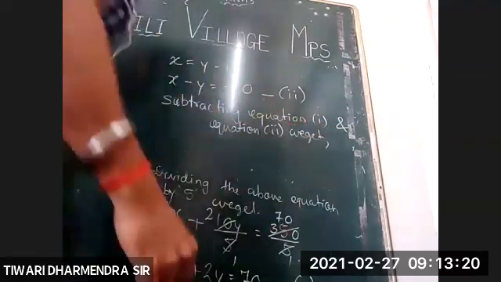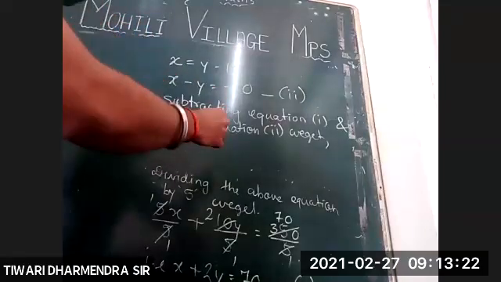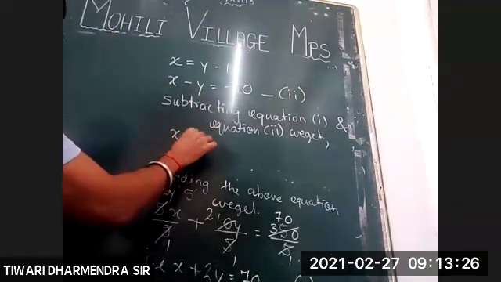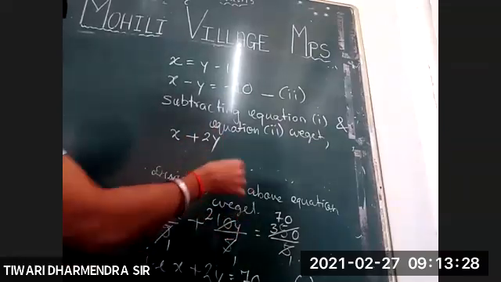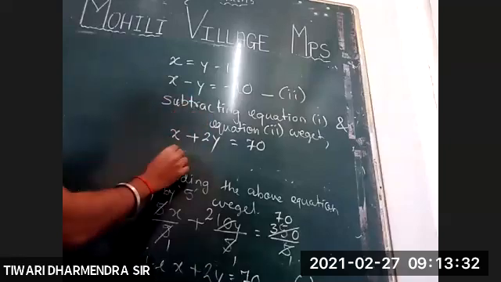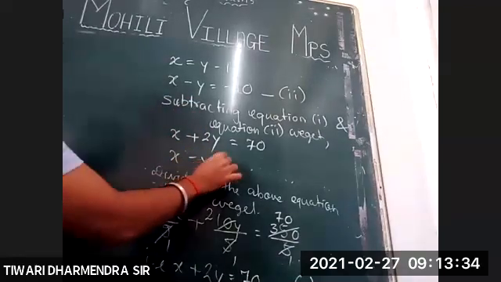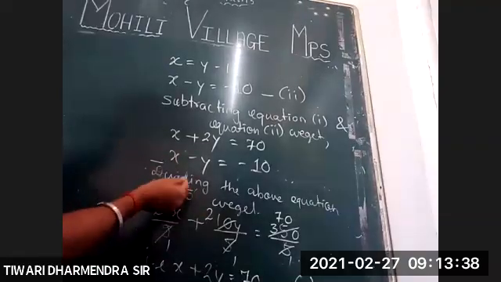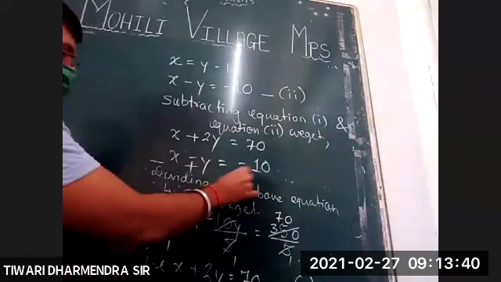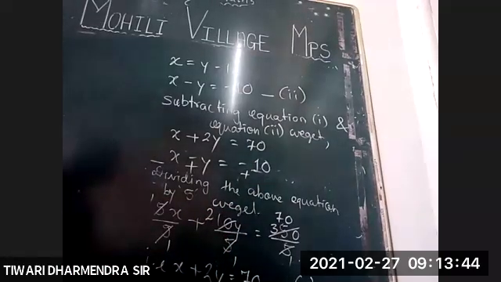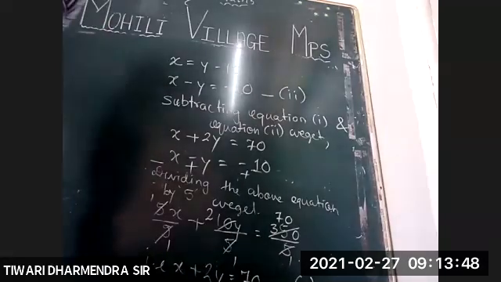We have x plus 2y is equal to 70, and x minus y is equal to minus 10. Subtracting means signs change, minus becomes plus. Wait, there is some mistake.